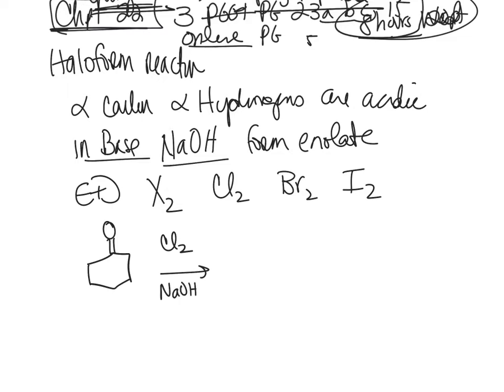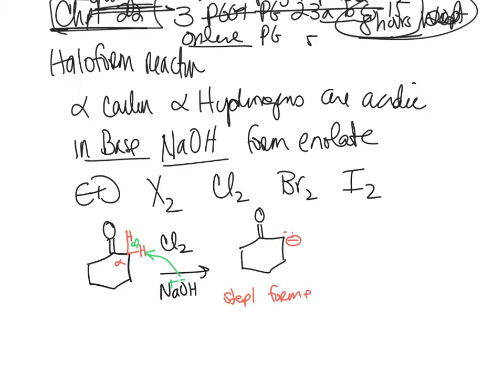Now you always find your alpha carbon. You write in your alpha halogens, and then the sodium hydroxide will deprotonate to make your enolate. Okay, that's step one.